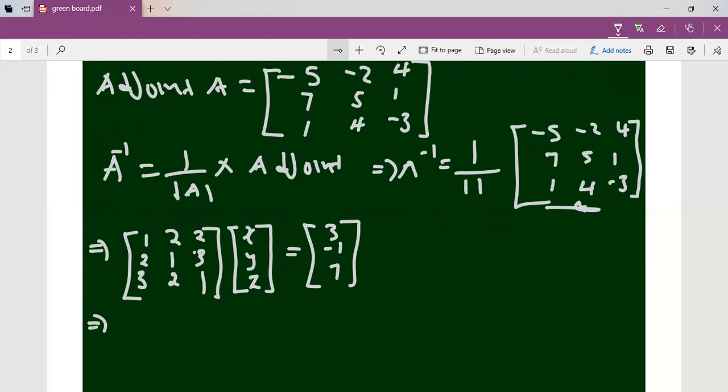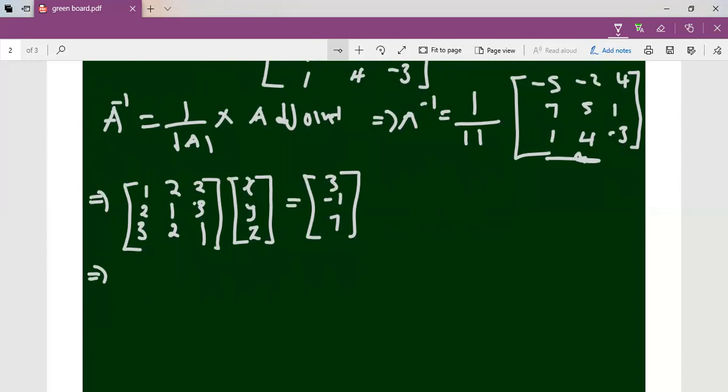So we're going to rewrite our inverse, which is 1 over 11, open the bracket, negative 5, 7, 1, negative 2, 5, 4, 4, 1, negative 3.